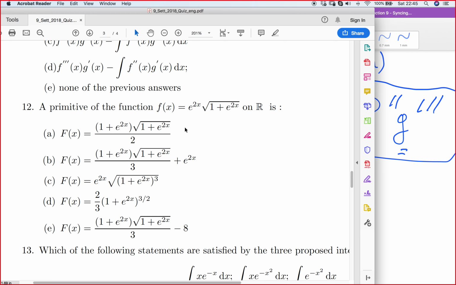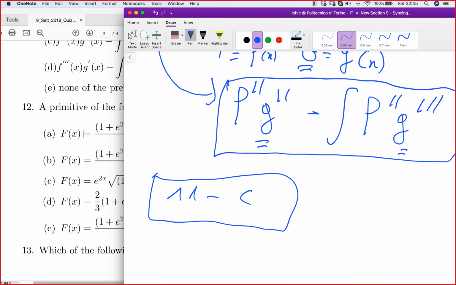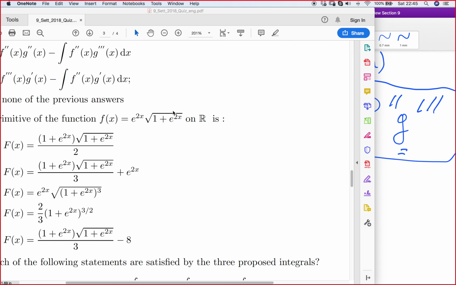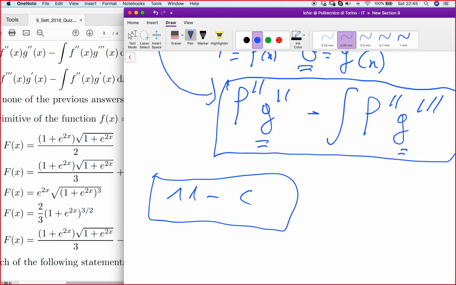The primitive of the function f of x equal to this stuff on R is, so let me put it like this so that you see: the function is exponential of 2x multiplied by root of 1 plus exponential of 2x.